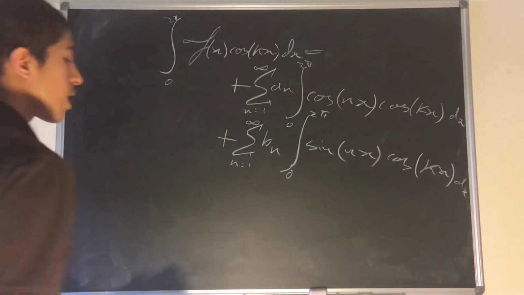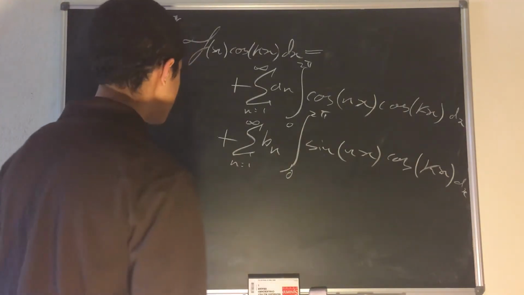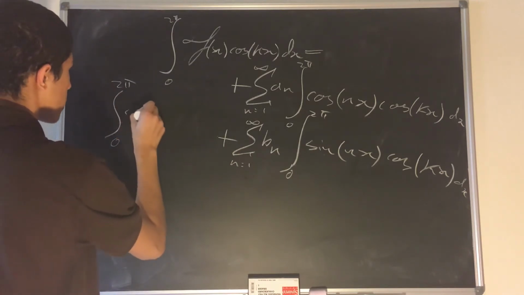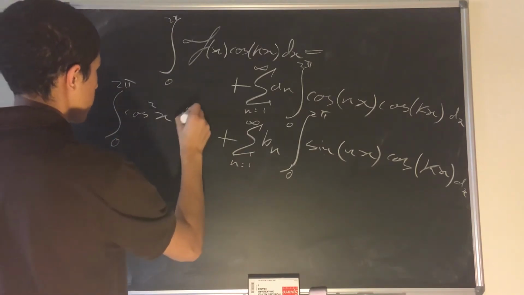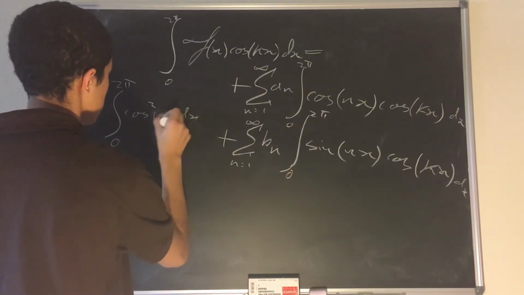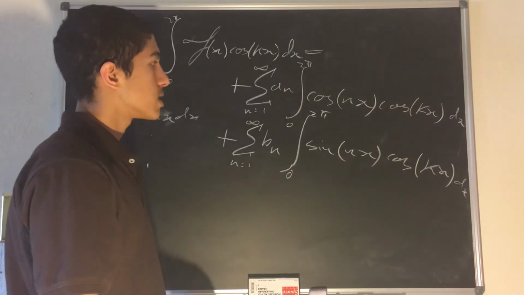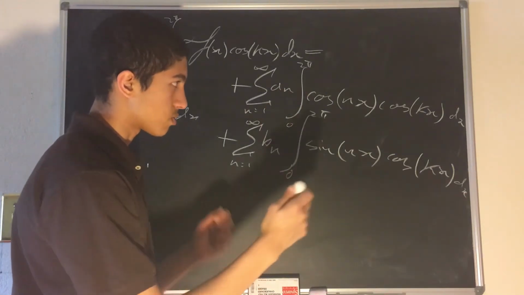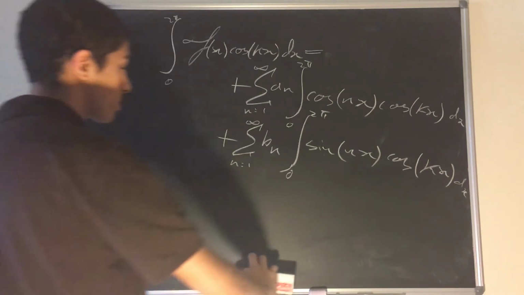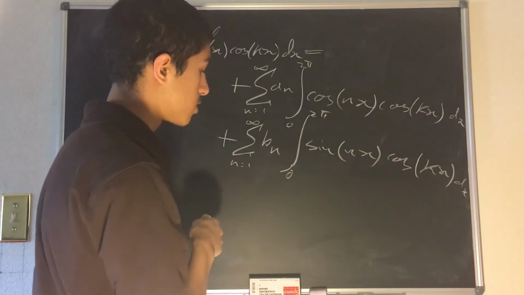It's equal to 0 everywhere except when n is equal to k, because then you have integral 0 to 2 pi cosine squared nx dx, and you can evaluate this, and it evaluates to pi when n is equal to k. So that's the only instance where this integral here evaluates to a non-zero value.